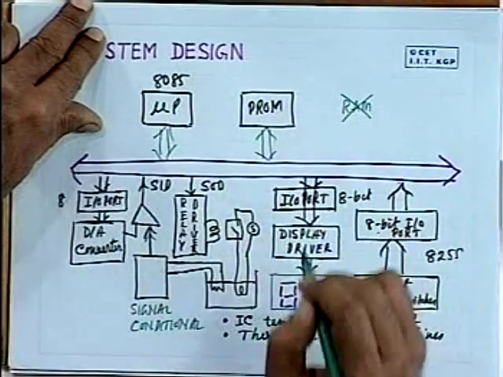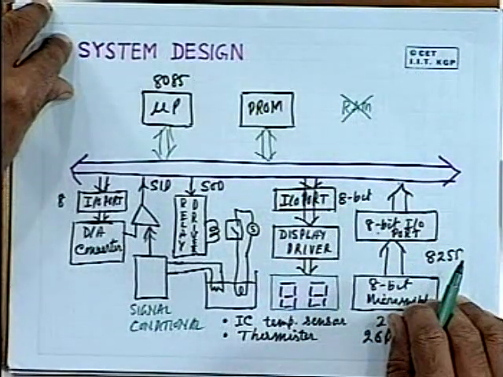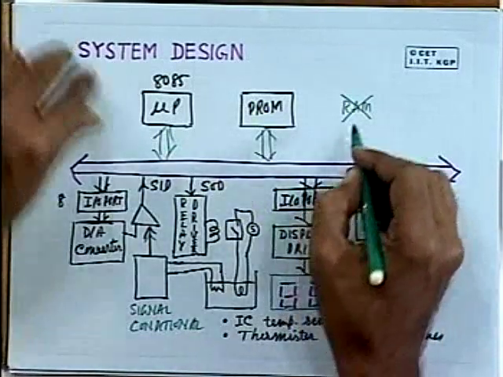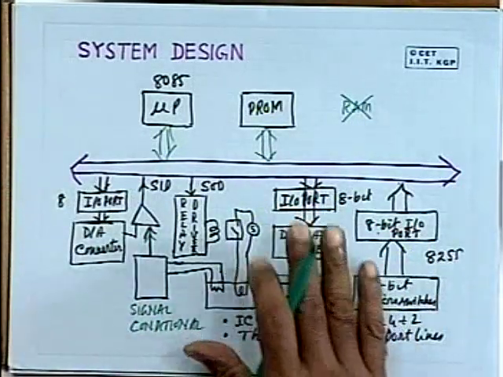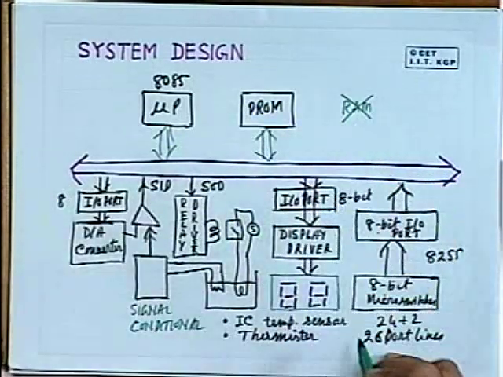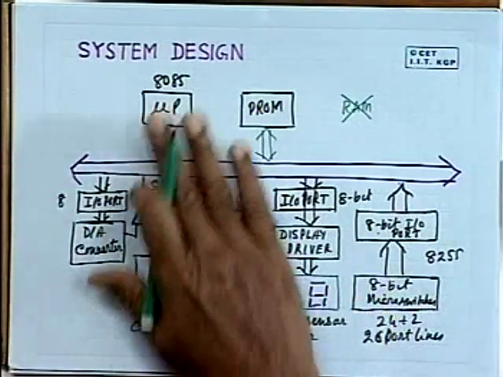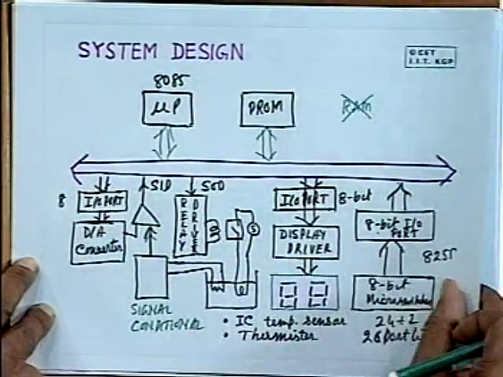So we can get rid of RAM if we don't use subroutines. To reduce the cost of the system, let us decide that we shall not use any subroutine in this particular application. So this is the overall system design, and let us see the hardware design.